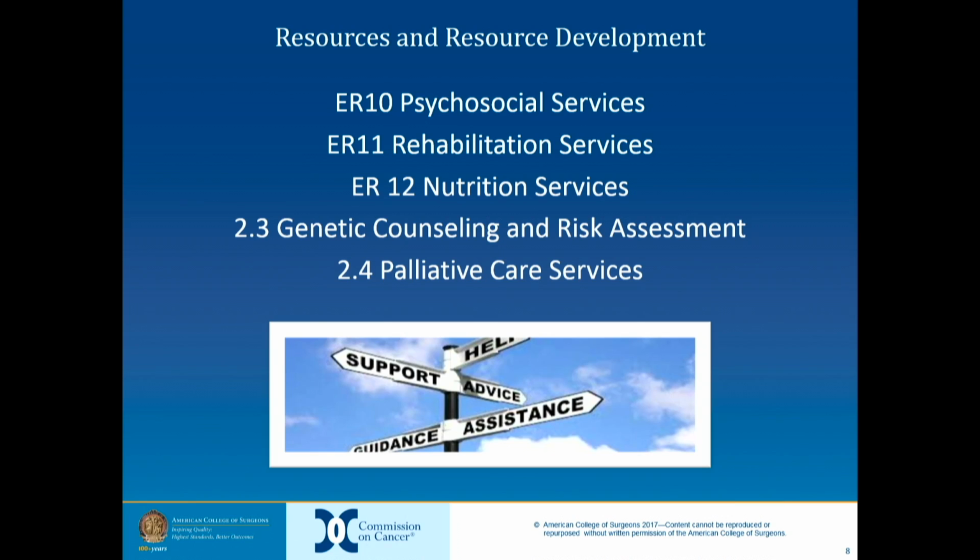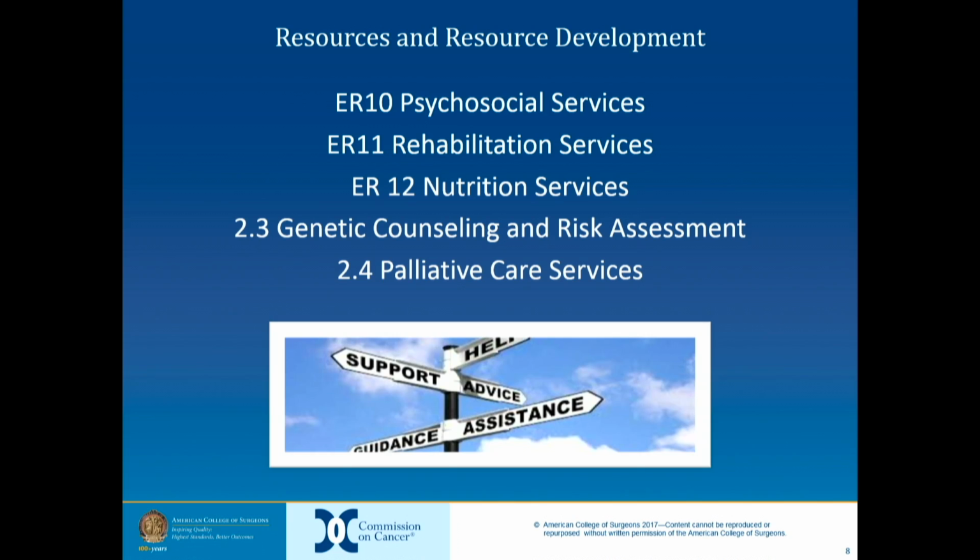In eligibility requirement 11, lymphedema programs, pain management, programs to address those patients with physical impairments and disabilities, lifestyle and weight management programs, physical and exercise therapy, reflexology, massage, chiropractic care, occupational therapy. In eligibility requirement 12, we look at nutrition services and ask that programs identify nutrition screening, comprehensive nutrition assessment, nutrition counseling and education.